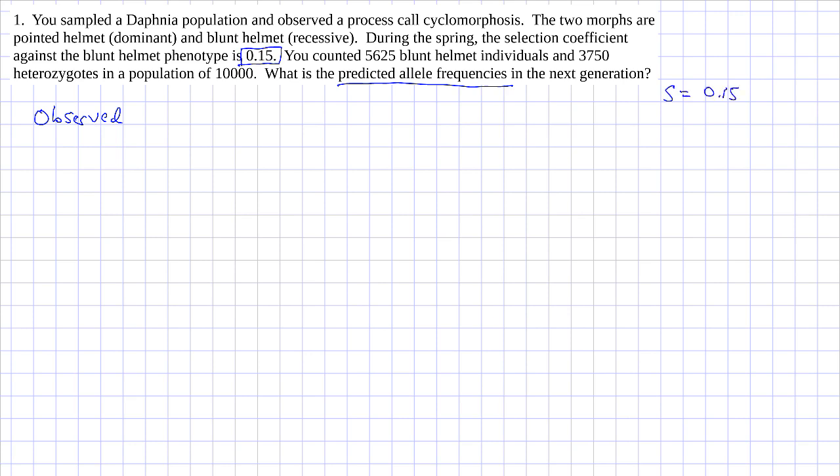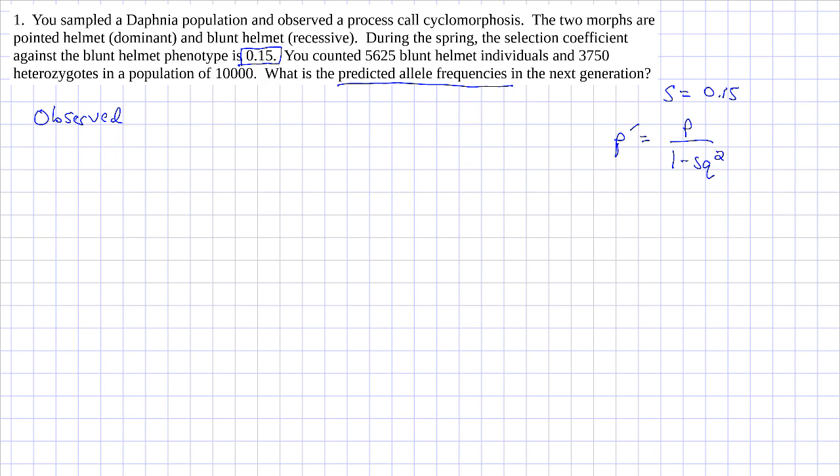We're trying to predict our allele frequencies, so we'll use our equation P prime equals P divided by 1 minus SQ squared. In order to calculate our new allele frequencies, we must first have our P and Q values. To do this, we repeat the methods that we used when calculating if a population is in a Hardy-Weinberg equilibrium.